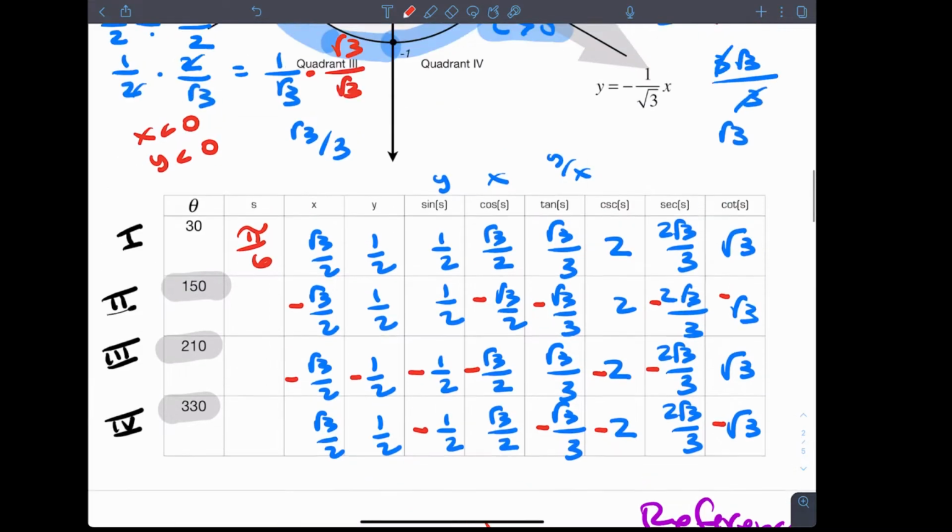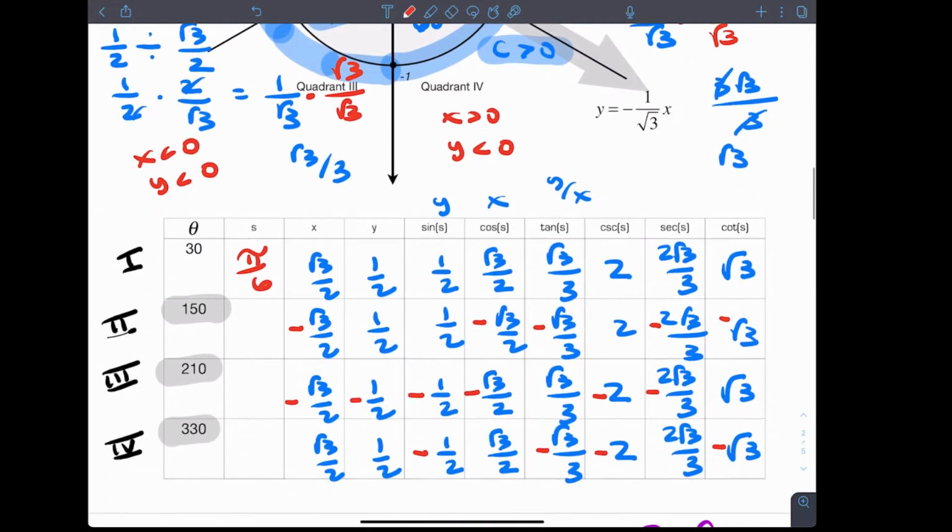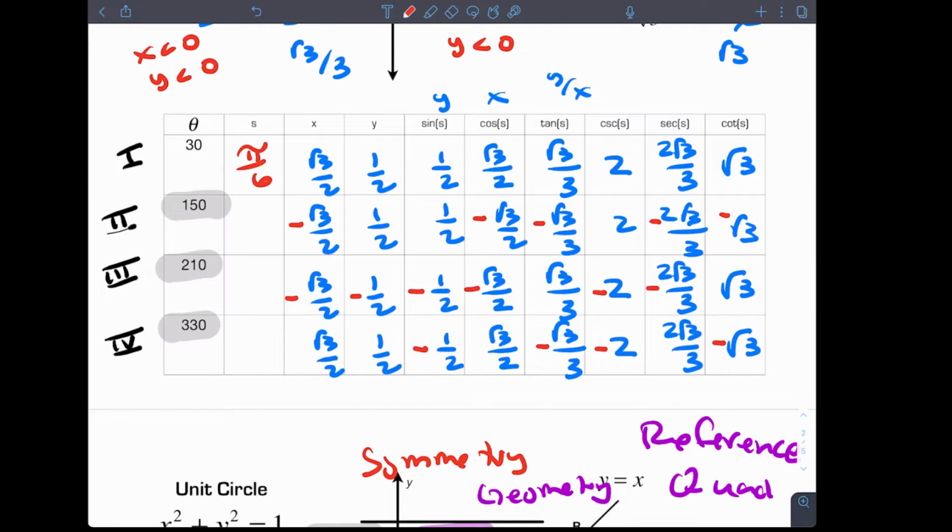Oh, quadrant what? Quadrant what? 4. X is positive. Y is what? Negative. Good. So you can actually deduce these on the unit circle, just using those terminal points.